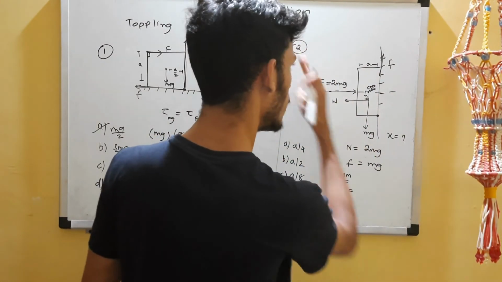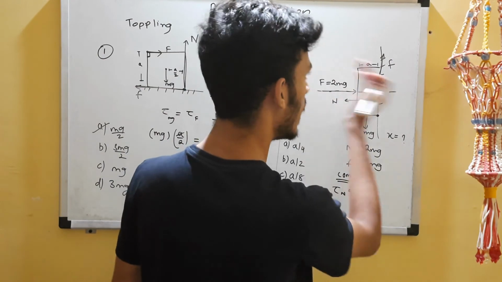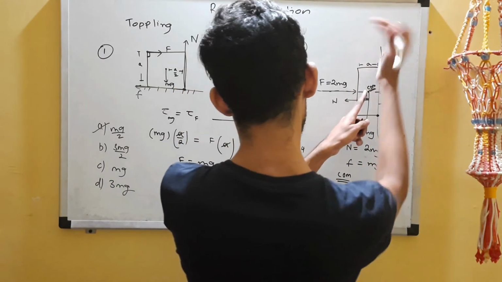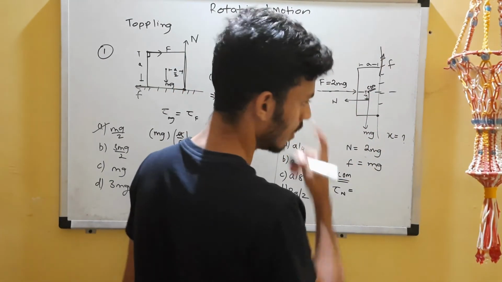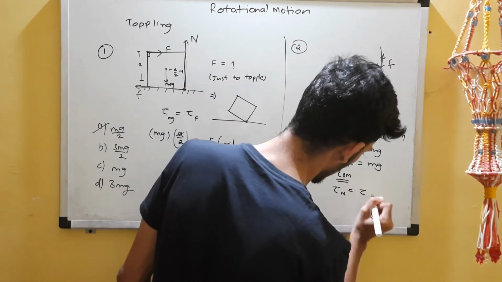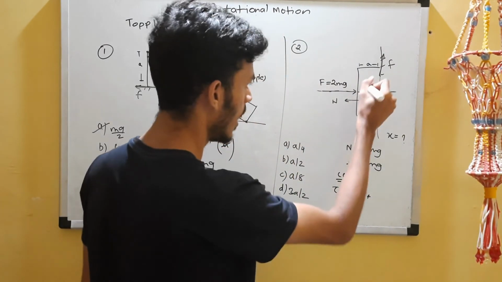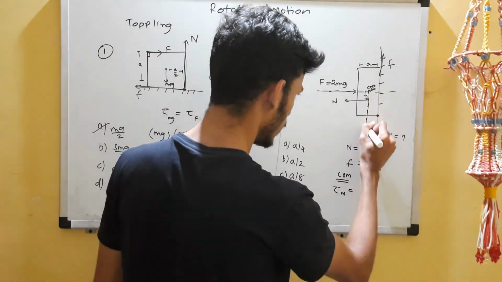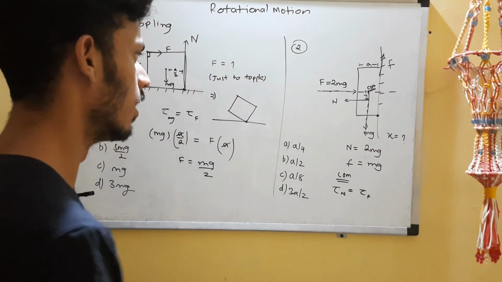Torque due to normal force is in the clockwise direction. Torque due to friction about this point is in the anti-clockwise direction. And mg, if you see, is also passing through the center of mass, of course, so its torque is 0.